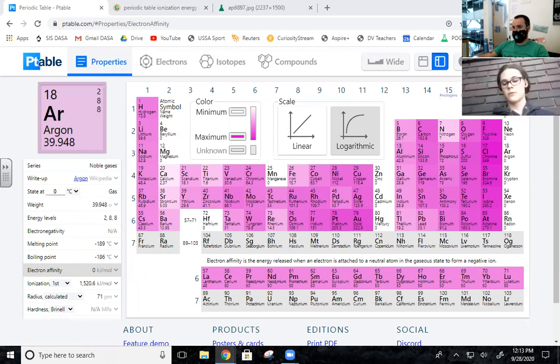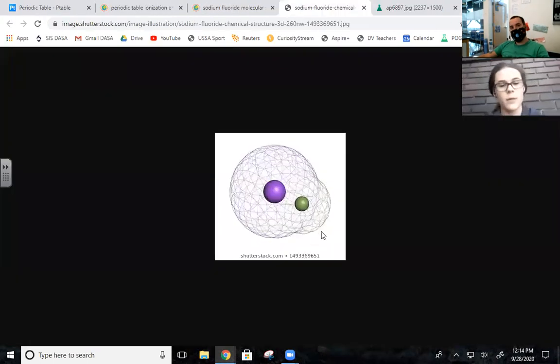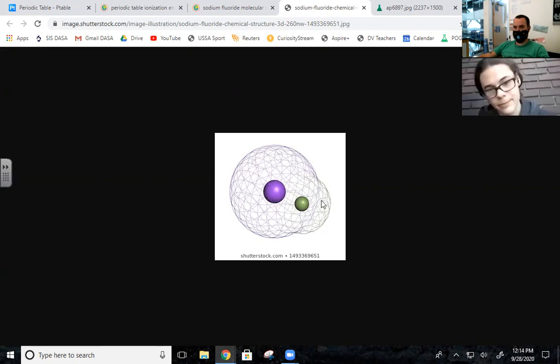So here it is. This is what I wanted right here. If we look at this image here, we can see this here is the sodium. This here is the fluorine. The shared electron that they are sharing between them is almost always going to be by the fluorine. It's going to hang out over here because the fluorine has such a high electronegativity.